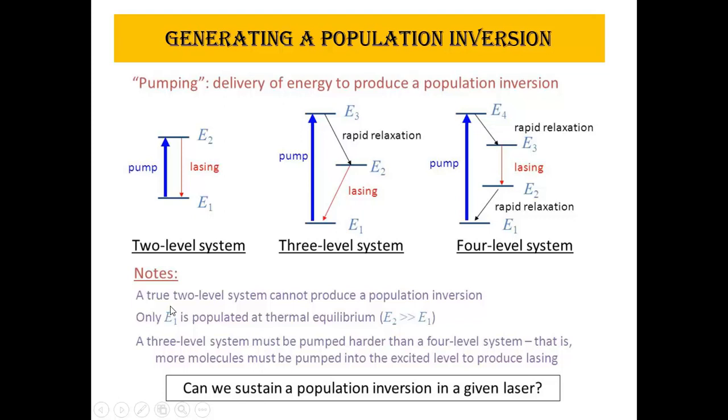Okay, so here a note is there that a true two level laser system cannot produce a population inversion. It is not possible to create a population inversion state in the two level system. That is why we never take this kind of system for lasing action. So the best systems are the three level system and the four level system. Why?